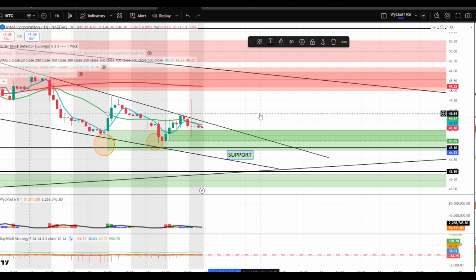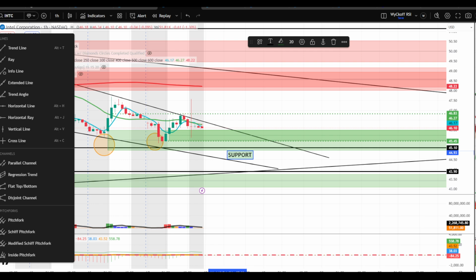to the previous day's high at 46.84. If it breaks out, then it could go to this bigger daily trend line for resistance on 200 and on this trend line.